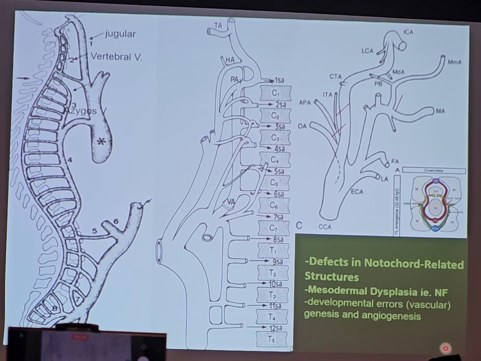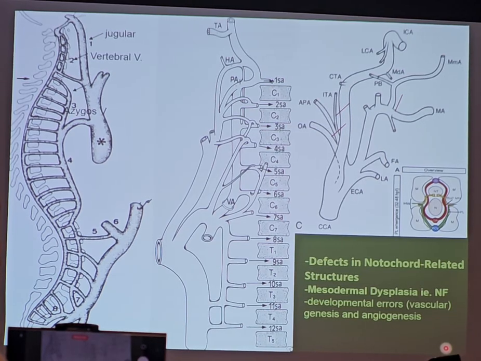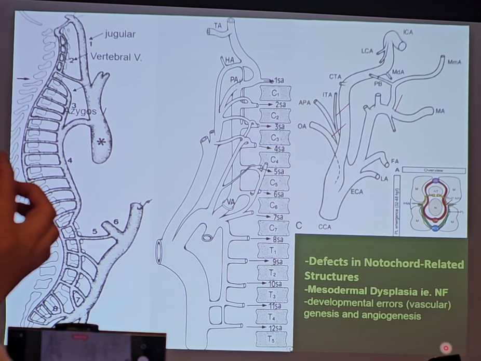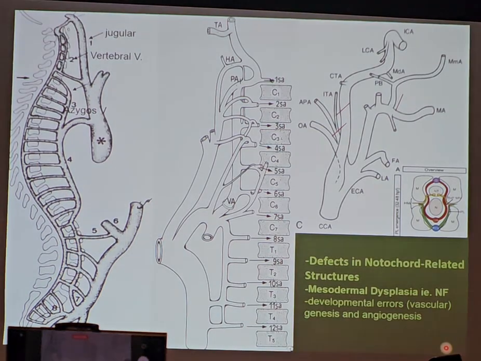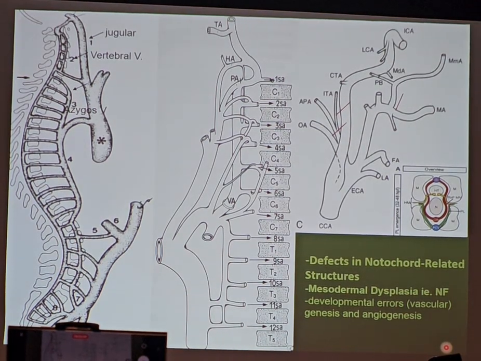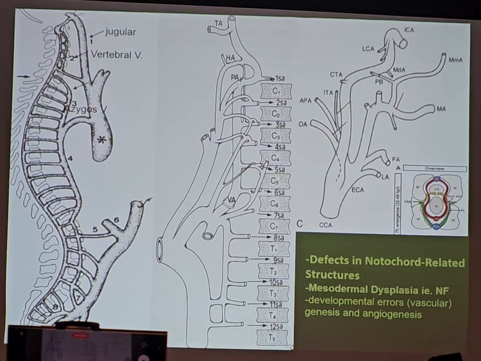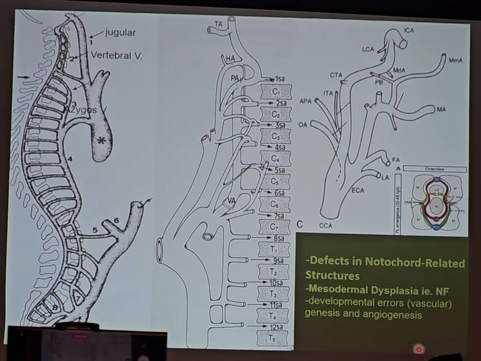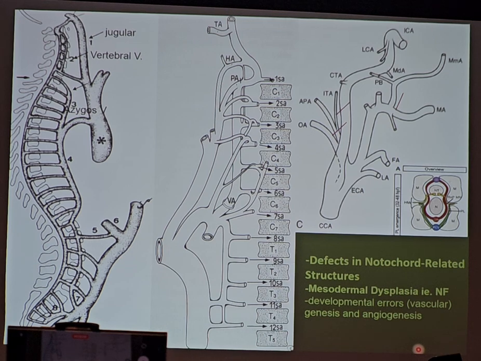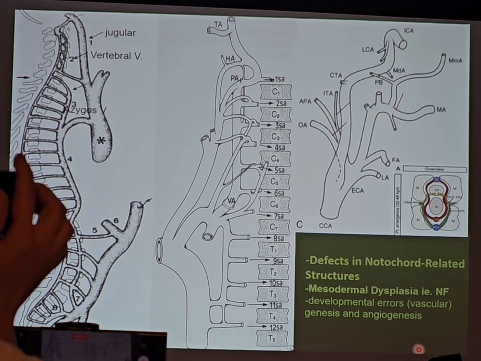The cause is probably a defect in the notochord and related structures, as well as mesodermal dysplasia, as we see in neurofibromatosis, and it could also relate to developmental errors during vasculogenesis and angiogenesis, so the arteries actually rupture into the veins.